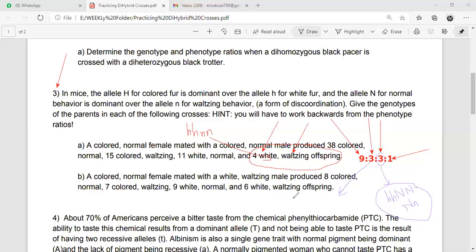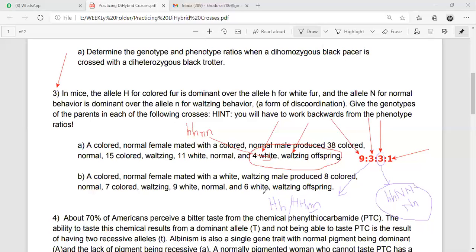For colored it can be either capital H, capital H, or capital H and small h, so both are colored. And the next trait, for waltzing, can have the genotype small n, small n. So the possibilities are capital H, capital H with small n, small n, or capital H, small h with small n, small n.